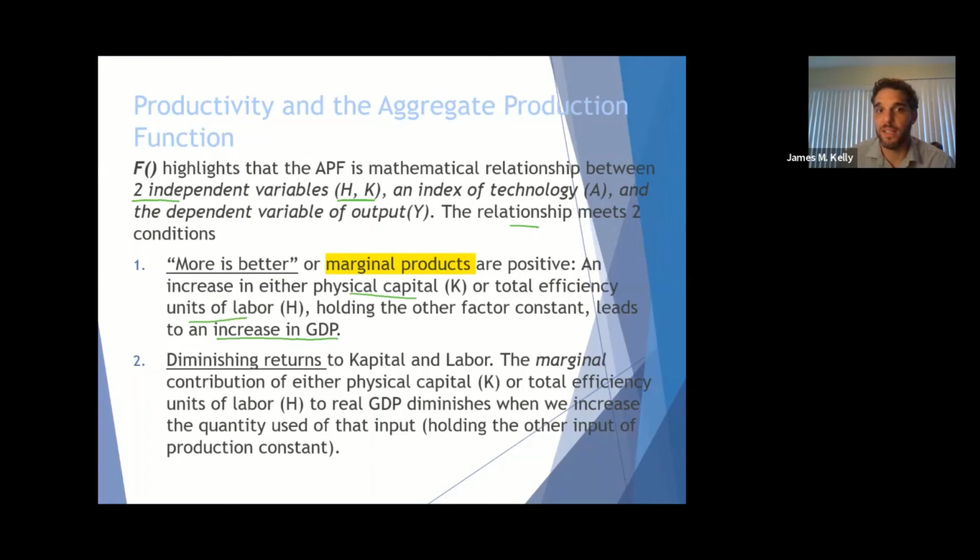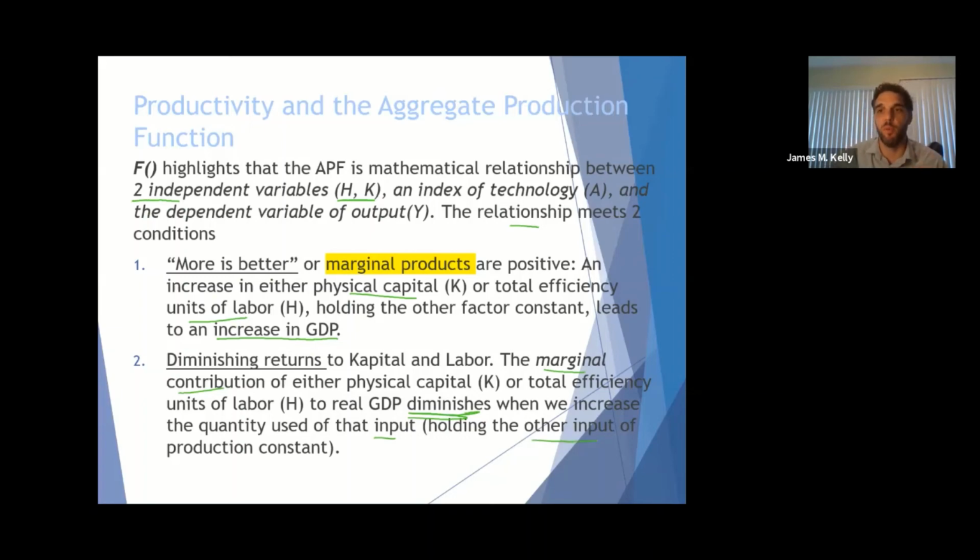Okay. Positive relationship. And the second condition is that while the marginal products may be positive, they are going to increase at a decreasing rate. There's going to be diminishing returns, something we've talked about before. Okay. So specifically, the marginal contribution, or the marginal increase in output, is going to diminish as we use more of an input, but importantly, holding the other input constant.